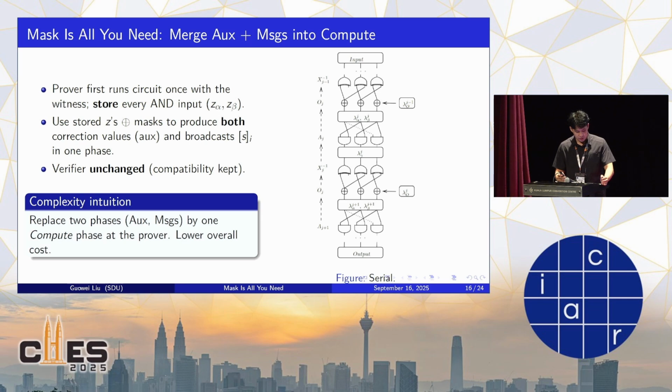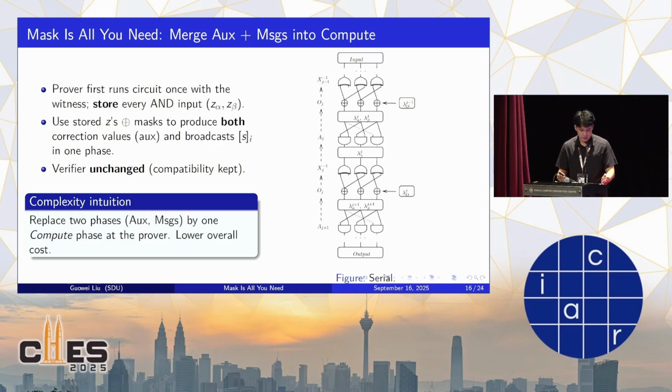I will start with merge, and then show how mask independence gives us round-parallel execution. Once we accept that offline isn't truly offline for signatures, we can safely reorder the prover's work. Our first step is merge. Instead of doing two full phases, we let the prover run the circuit once with the witness and capture every AND input value.